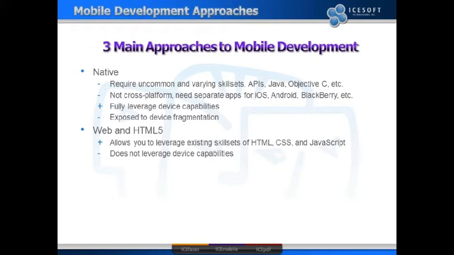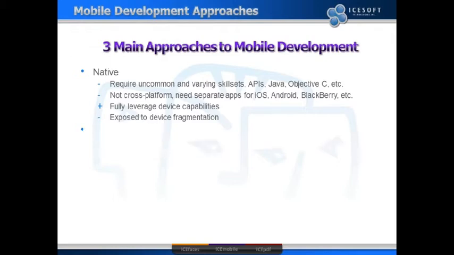Now, while you have all these great features with native, unfortunately you also have to deal with a lot of different devices and differences across platforms and versions. Unless you limit the number of targeted devices, you're exposed to a high amount of fragmentation in the native world.